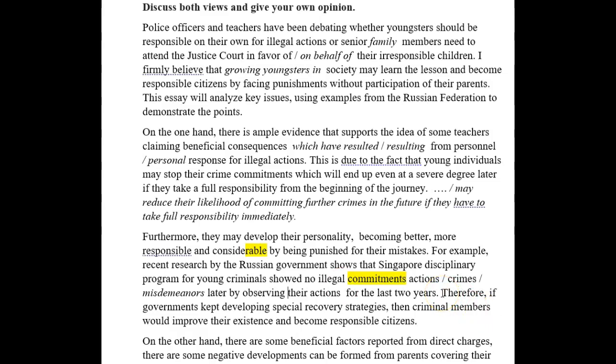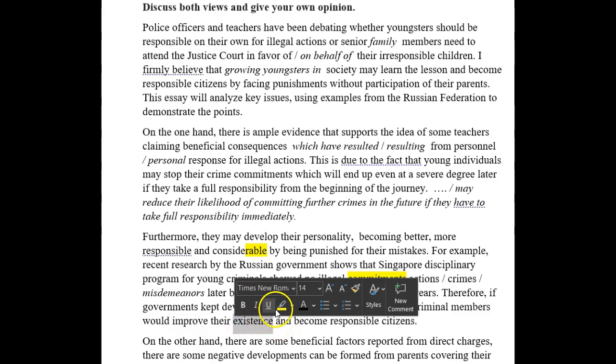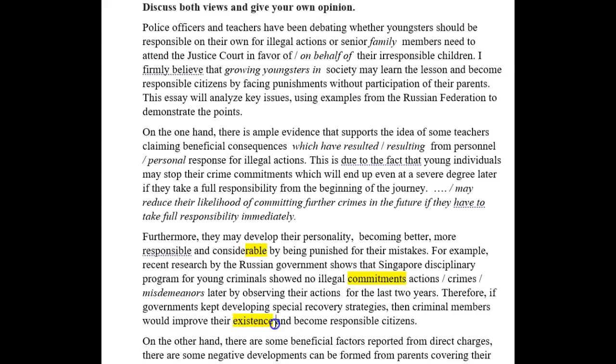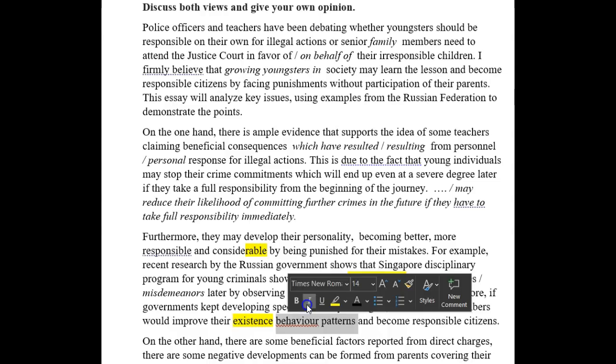Okay, don't worry, there's nothing wrong with that. I don't quite understand the system. If governments kept developing special recovery strategies, criminal members would improve their behaviour patterns and become responsible citizens. Very nice writing. Good, super clear.